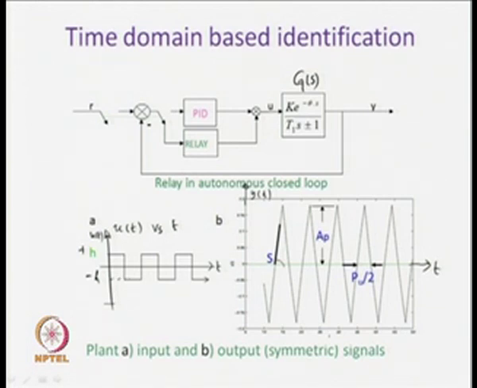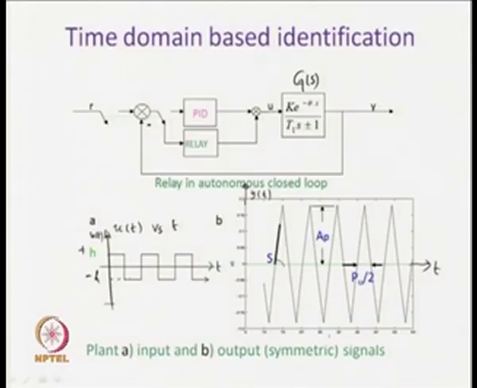So, we shall now make 3 measurements on the sustained oscillatory output, unlike the previous lectures where we used to take 2 measurements only, and those are nothing but the peak amplitude given by Ap, and half period denoted by Pu by 2, where Pu stands for one period of output of the system.